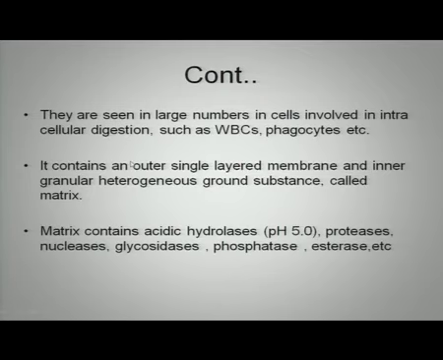It contains an outer single layered membrane similar to that of plasma membrane, made up of lipoprotein in composition.